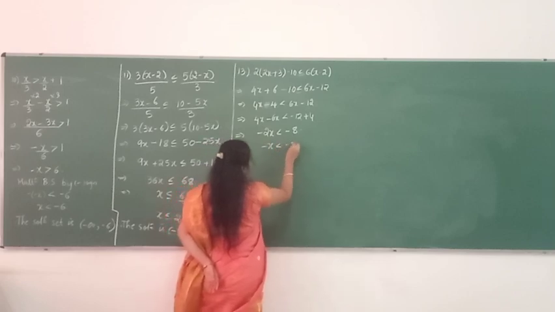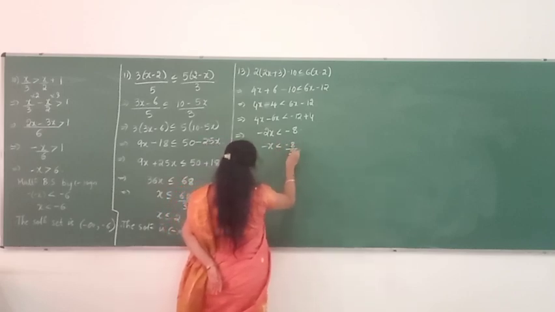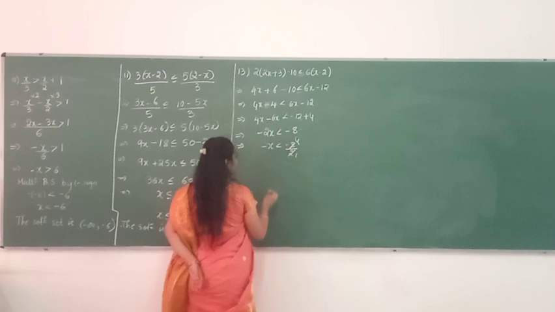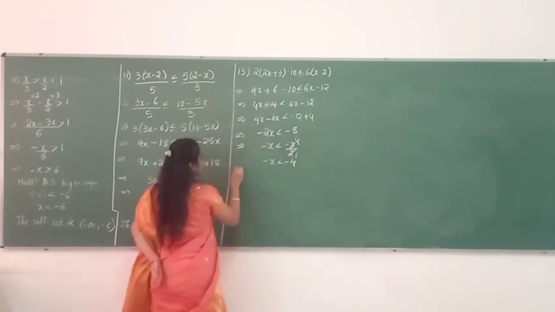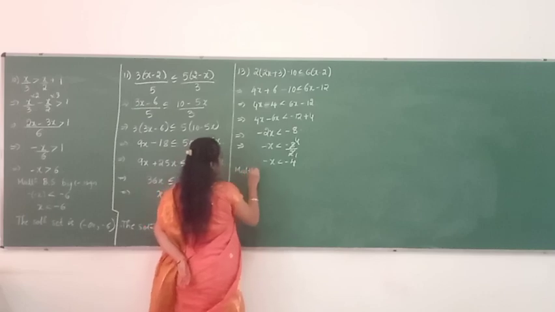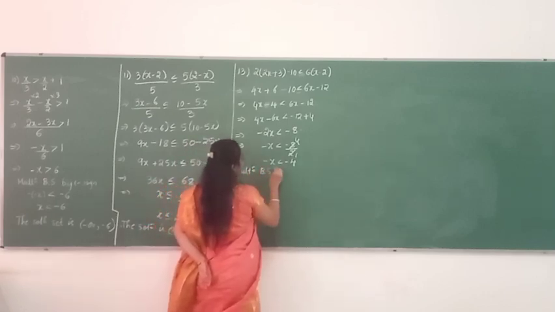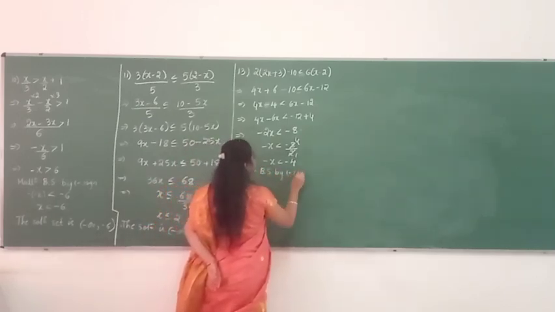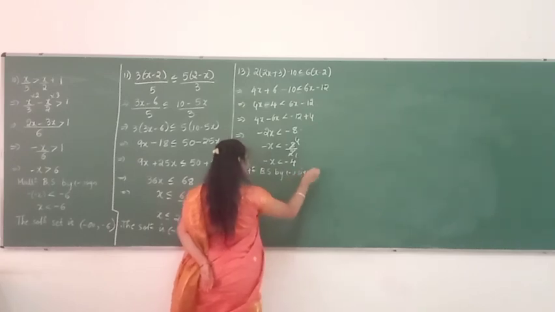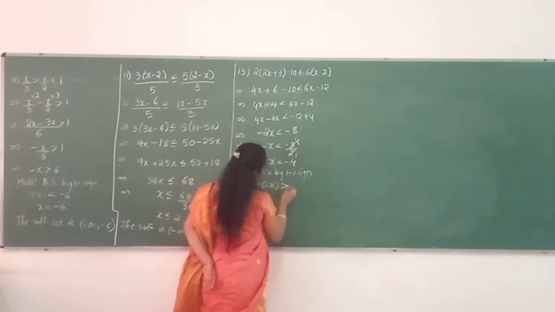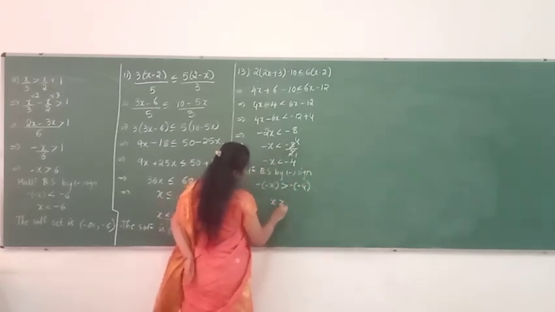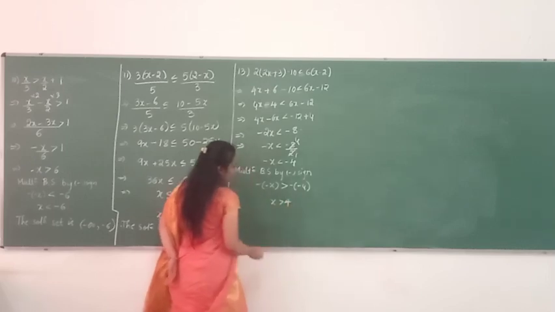So x is less than minus 8 by 2, 2 4s are 8, so minus x is less than minus 4. Okay, so what are we going to do? Multiplying both sides by a negative sign, minus of minus x is greater than minus of minus 4. So it will be x greater than 4.